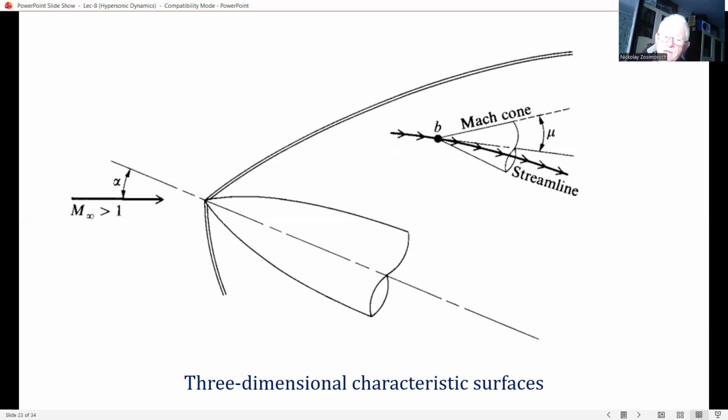And moreover, as if these were not complicated enough, the compatibility equations along arbitrary rays of the Mach cone, called bicharacteristics, are partial differential equations that contain cross derivatives which have to be evaluated in directions not along the characteristics. But nevertheless, such solutions can be obtained.